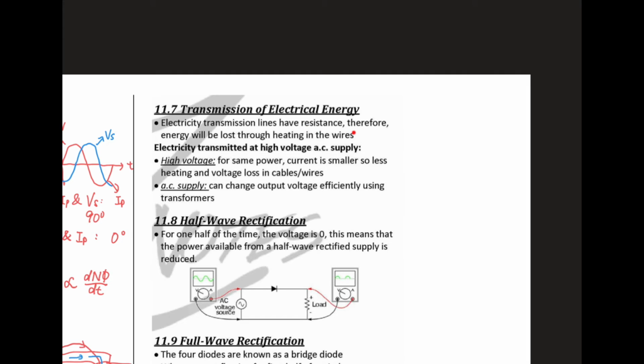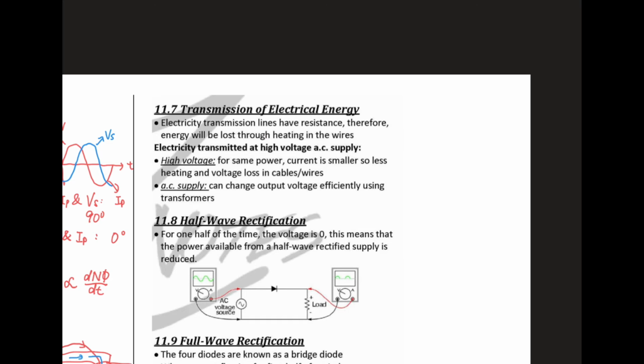So, energy loss. We don't want that to happen, or else generating electricity is just a waste of time and a waste of energy. So we want to minimize it. Although we cannot reduce it to zero, we are still able to minimize it.